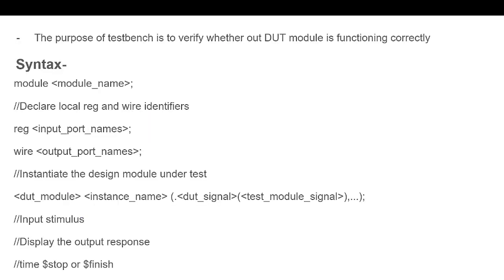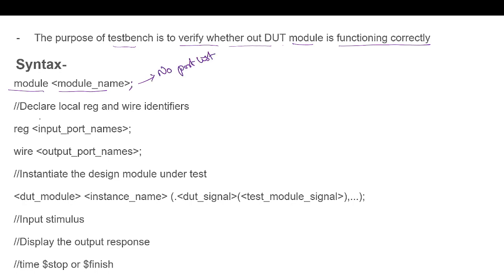The purpose of a test bench is to verify whether the design under test module is functioning correctly or not. So this is the general syntax. We have module, module name, ending with a semicolon. There is no port list.